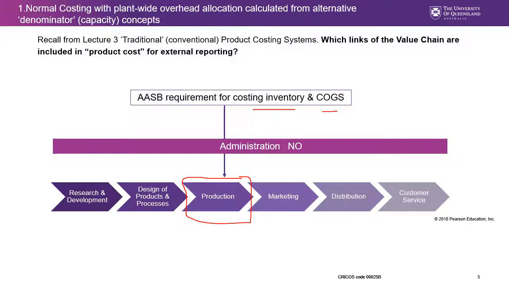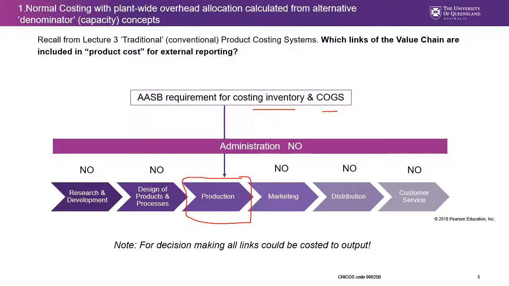We can't include administration, research and development, design of products and processes, marketing, distribution or customer service costs when we calculate the product cost. For decision making, so things like pricing, we'd also need to include all the parts of the value chain in the cost of our output, but for the purposes of inventory and cost of goods sold expense, we can only use production costs.